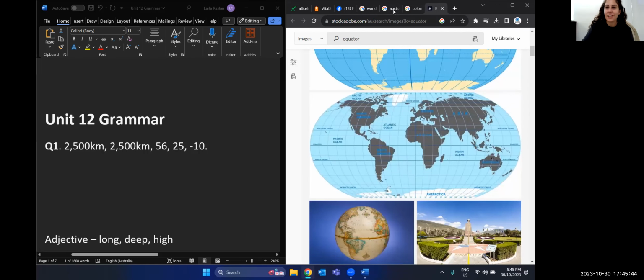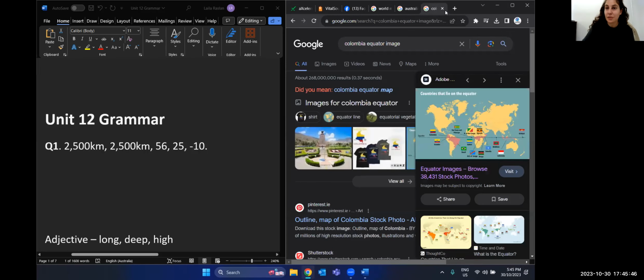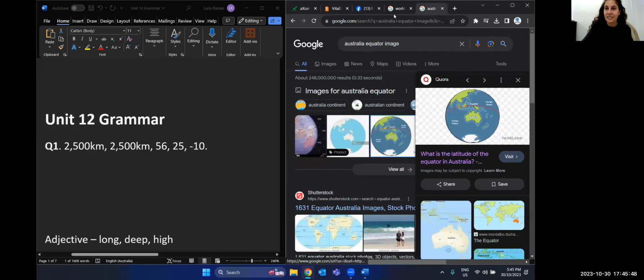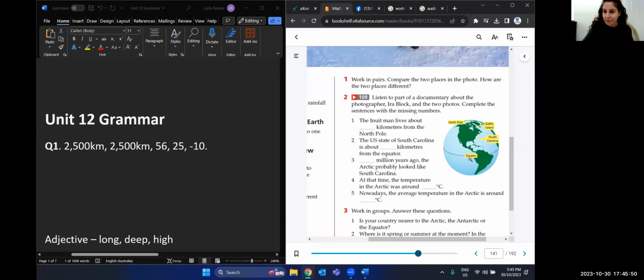Okay, so that's just a bit of information about the equator. We have the image here as well. So these places in the audio, the North Pole and South Carolina, were in the northern hemisphere. So different to where we are in Australia.